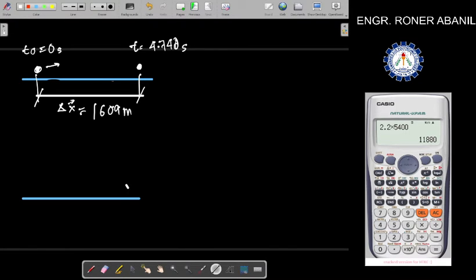So, dito naman siya mag-start. Ito naman yung T0 or initial time na 0. Tapos, dito naman siya nag-stop.